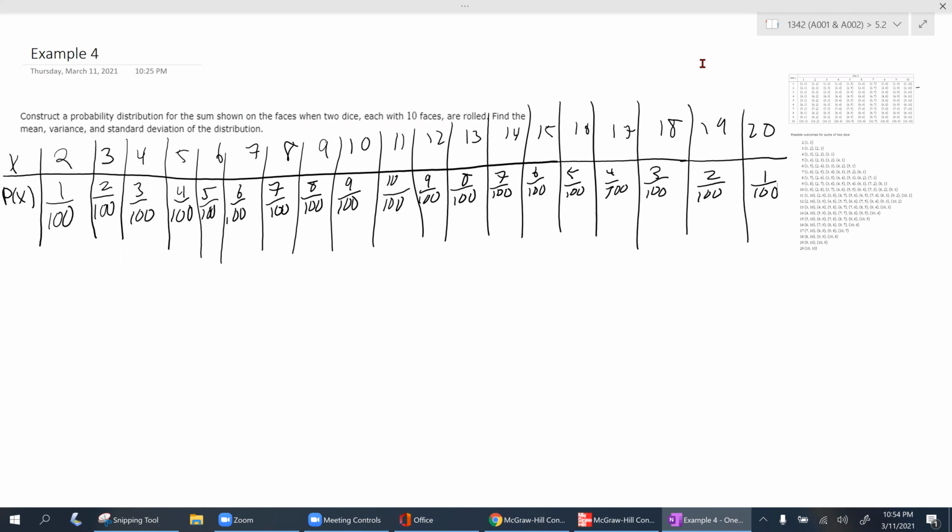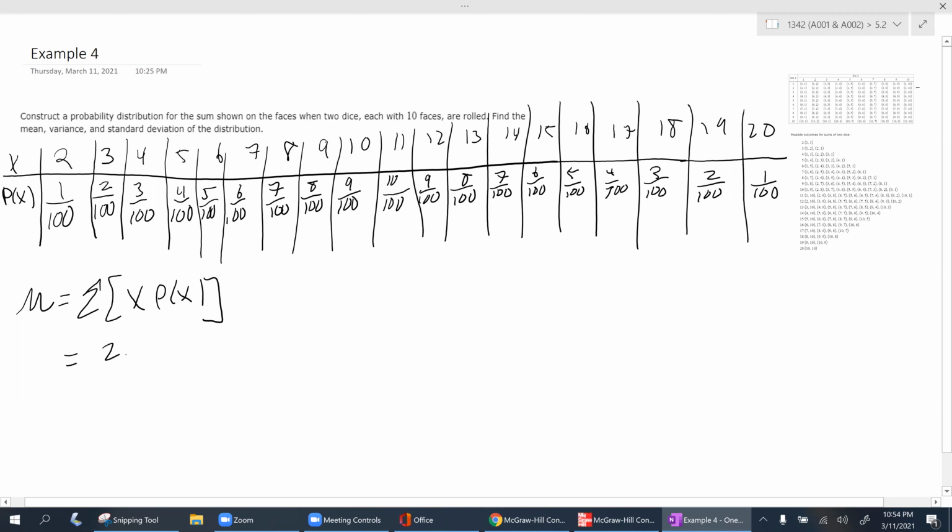So to find my mean, yes, this is going to take some sheets of paper. This is going to be 2. We said the formula, so let's write the formula. The formula is the sum of those x values times P of x. So this is going to be 2 times 1 over 100 plus 3 times 2 over 100 plus 4 times 3 over 100.